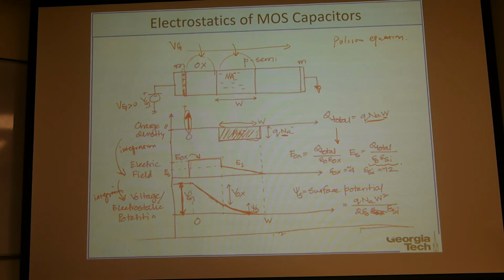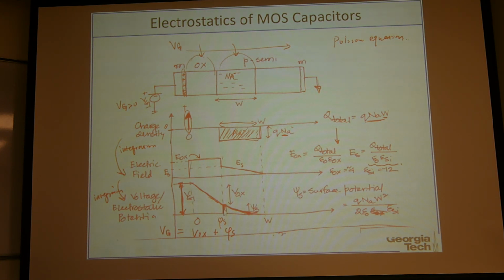And then if you do this, then you can get the phi s, because phi s is this one. So the voltage on the structure, gate voltage, part of voltage drop on the oxide, part of voltage drop on the semiconductor, and then the voltage drop on the semiconductor is the surface potential here.